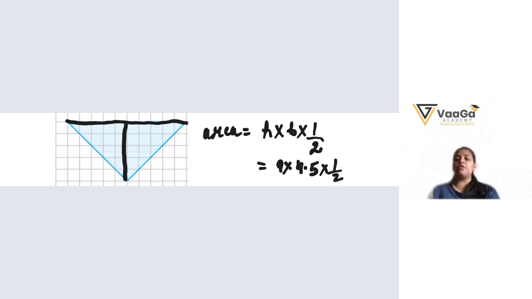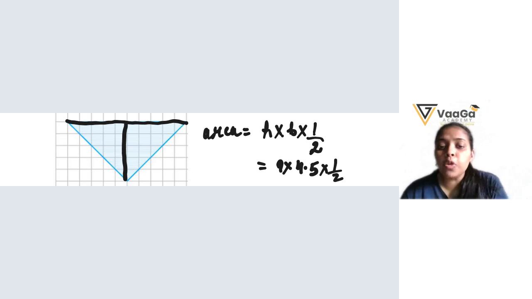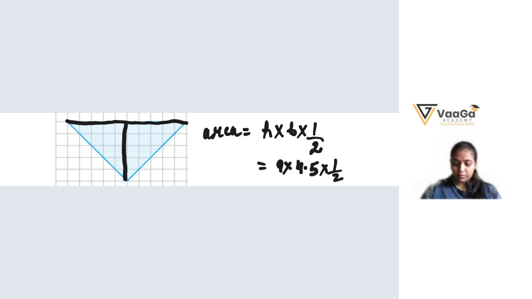Now can you tell me the answer for this? Do you know how to multiply 4.5 by 9? No. Okay. Can you multiply 45 with 9? Multiply and tell me the answer.